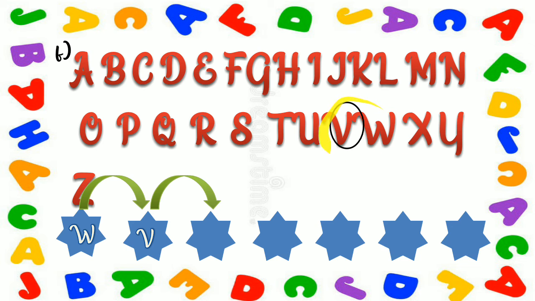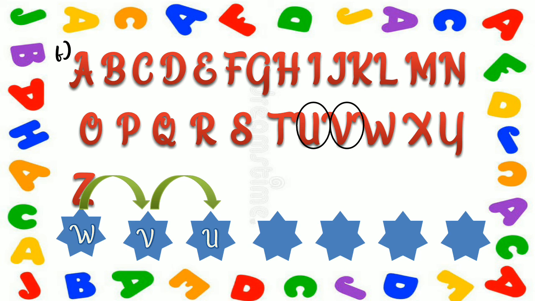W, then V, then U. U is the next answer because we come here W, V and U. So we go backward to continue the series. So here we write U because it continues the series.